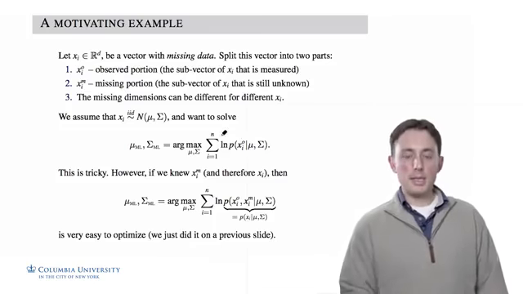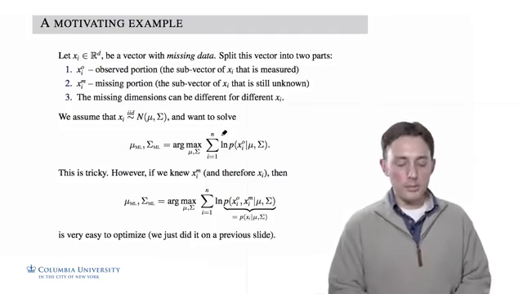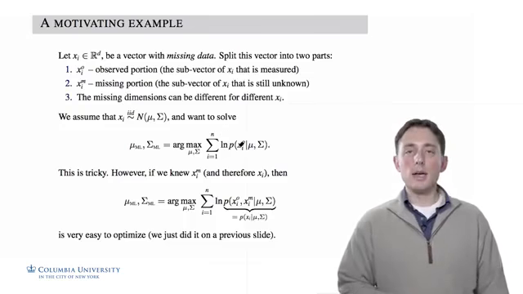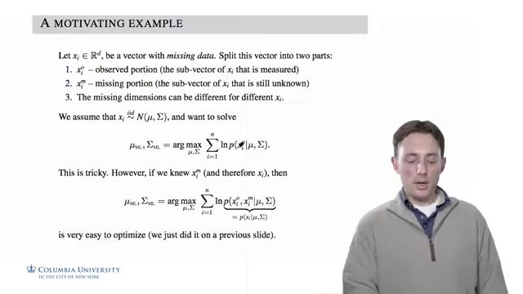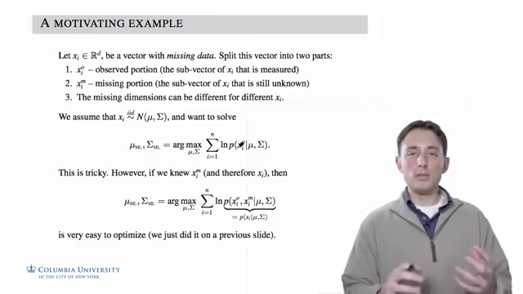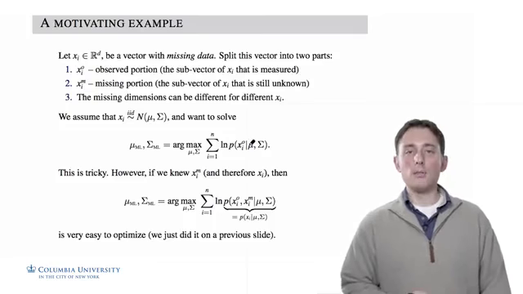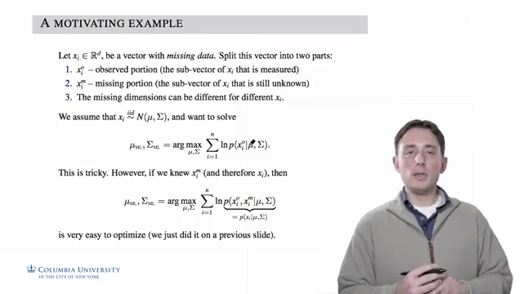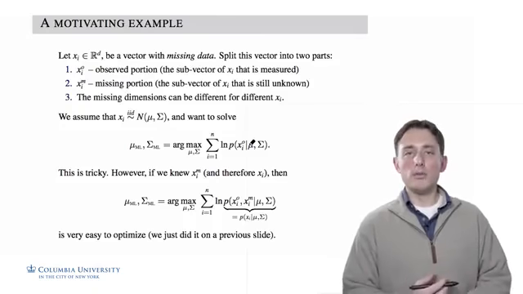We'll quickly see that this is tricky. It's not impossible, actually, but it's tricky because each of these xi^o can have different dimensionality, and those dimensions can correspond to different subsets of the dimensions in mu and sigma. So it's not something that we can simply directly take a derivative of and set to 0.